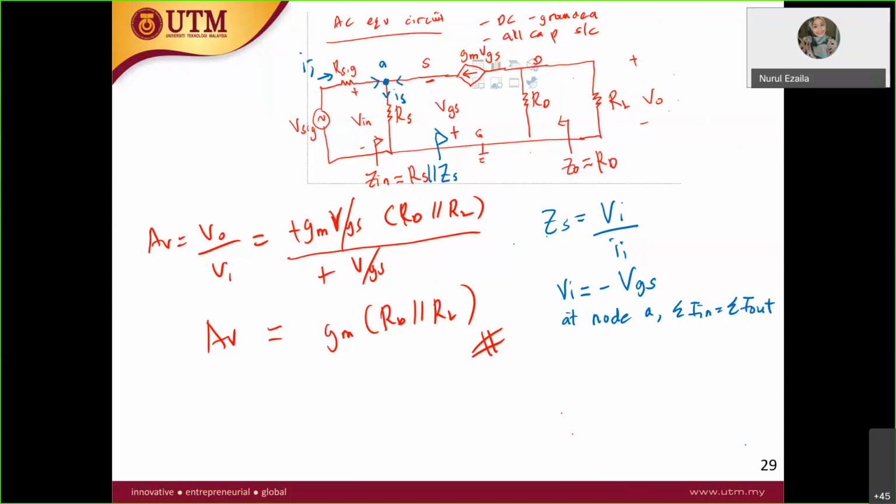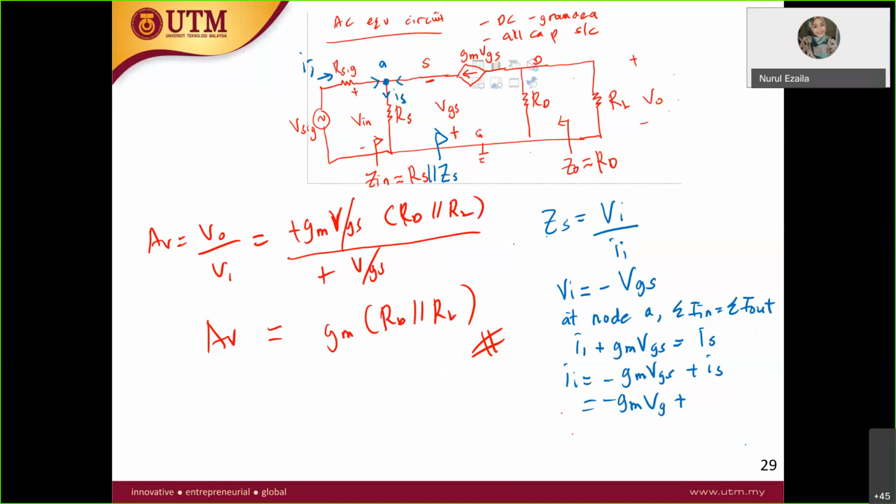So current in over there is I in plus GM VGS, equal to the I out, which is IS. Therefore I in is equal to negative GM VGS plus IS. What is IS?